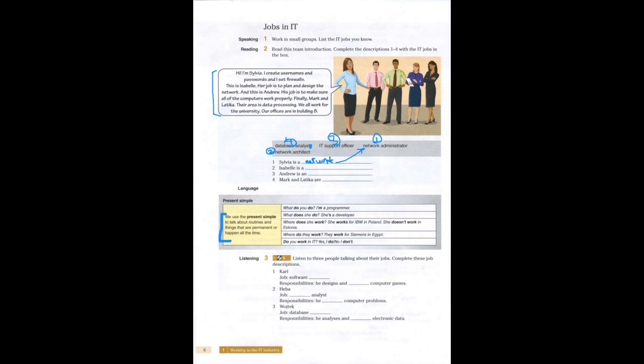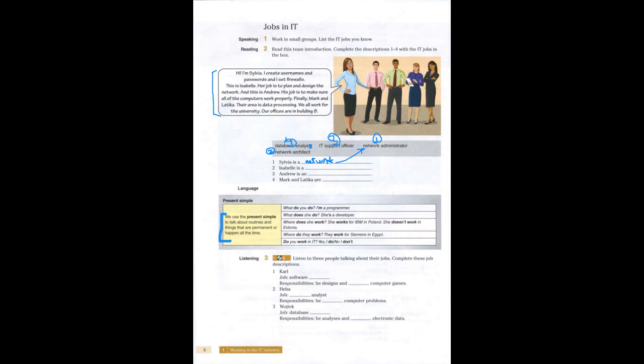So when you want to ask someone about his job, you say, what do you do? I am a programmer. And this is another job that is related to IT.